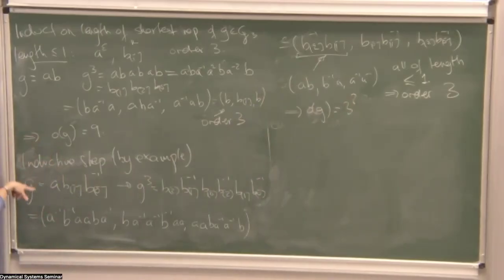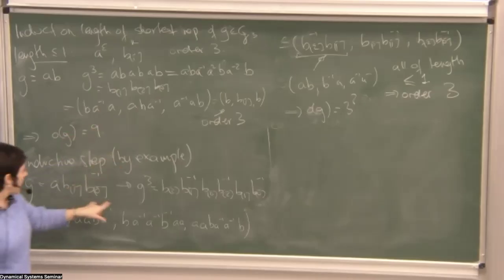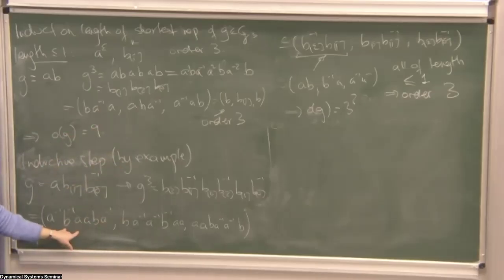If I have my group element given to me in this form, and it's got an extra A, then I cube it. And what's going to happen to the sections here? Well, I'm going to have as many B's as I had above.